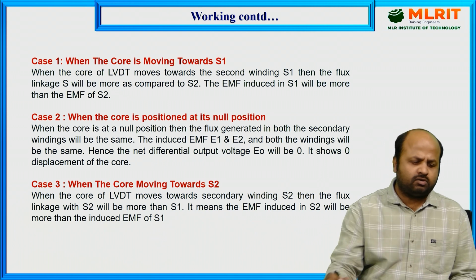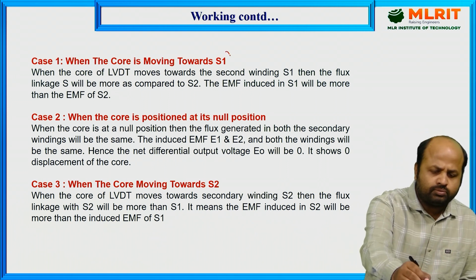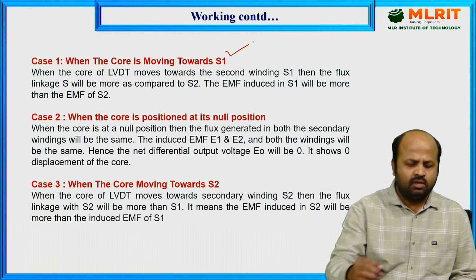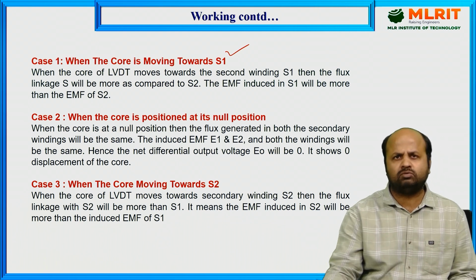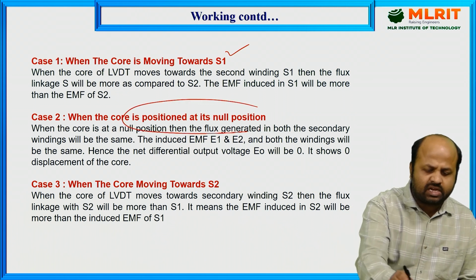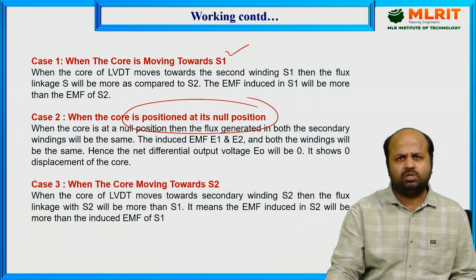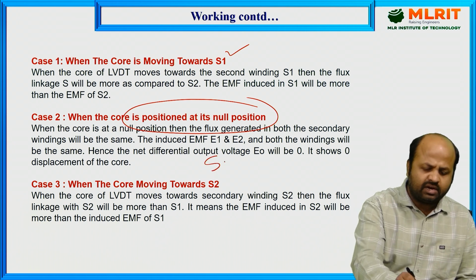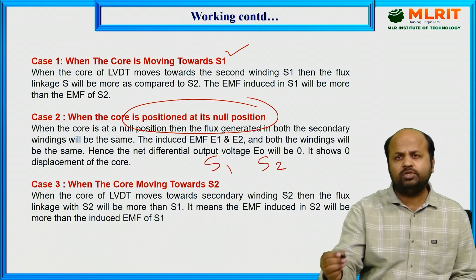So I would like to explain the working in detail. When the core moves towards the right side, there is more voltage in secondary winding S2 as compared to S1. So there is a net positive voltage. When the core is at the center position, the voltages induced in secondary windings S1 and S2 are equal but opposite in phase.